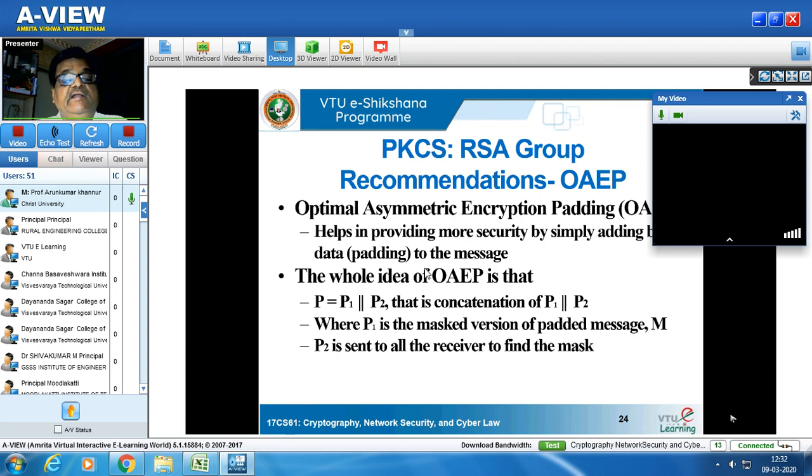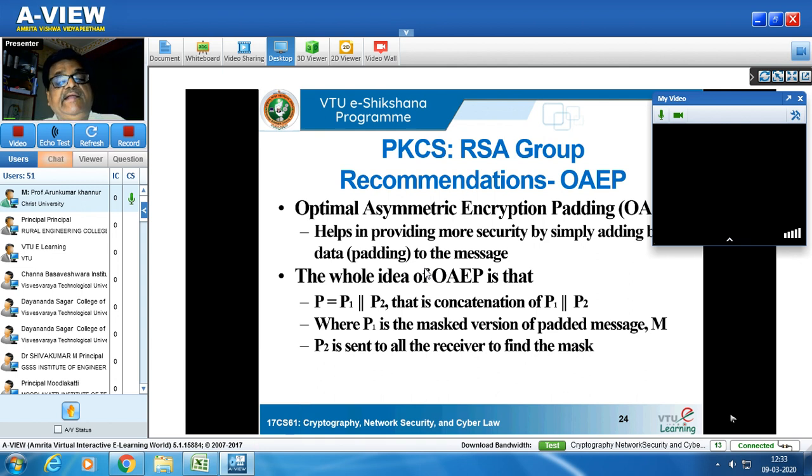What has to be done at the sender side, what has to be done at the receiver side, so as to convert the original message into the message to be transmitted along with padding, and after receiving it, how you can remove all the pads to recover the original message. That has been explained in OAEP.